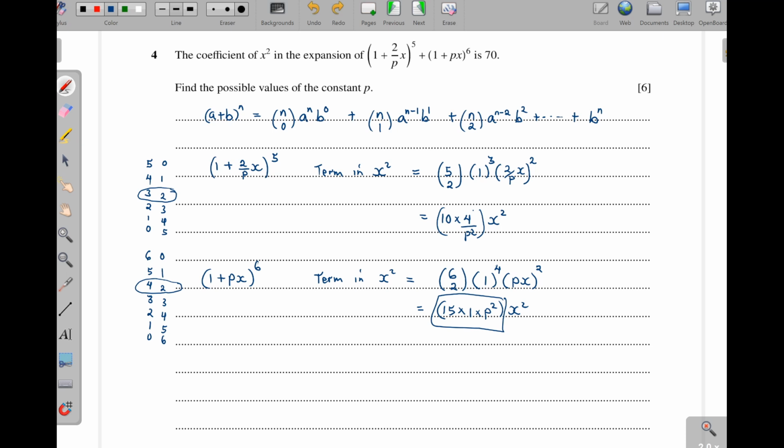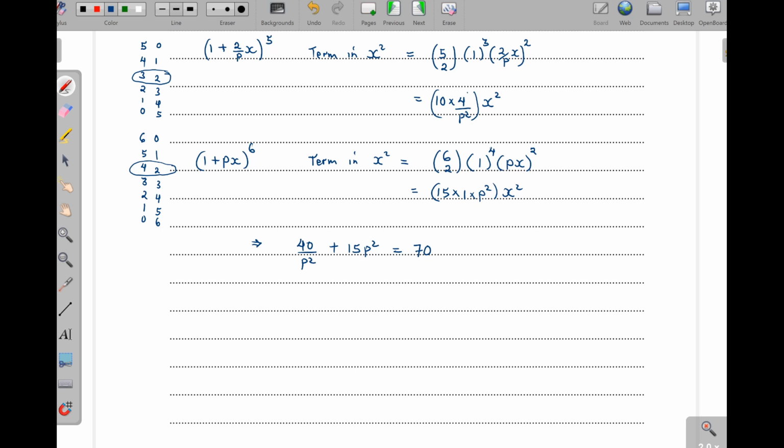So since we are having these two series being added, okay, that means the term in x squared for both of them will be this, then plus this one here. So what I would just do is to get the 40 over p squared, the coefficient of x squared here, then I add it to this one here, which is 15 p squared, and then I equate to 70.